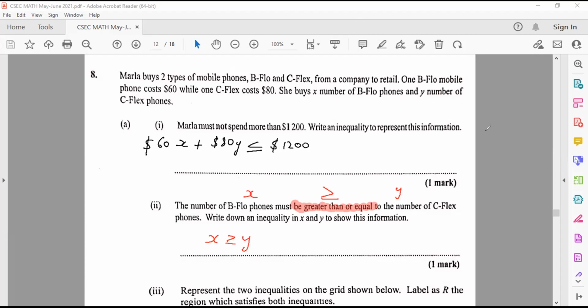I think it's x plus x divided by y plus y.